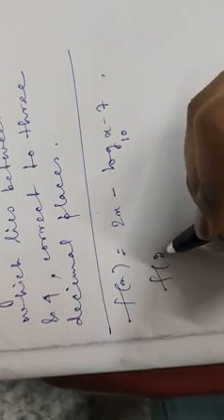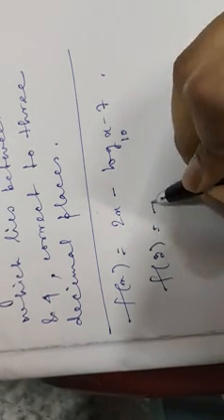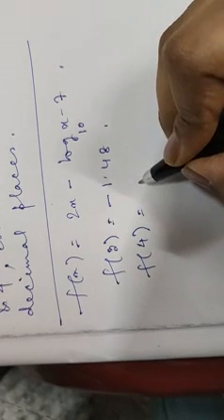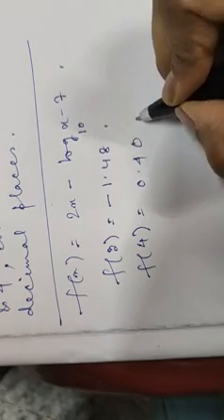Now check f(3). What's the value of f(3)? 2 into 3 minus log 3 minus 7, which is minus 1.48, and f(4) equals 0.40.